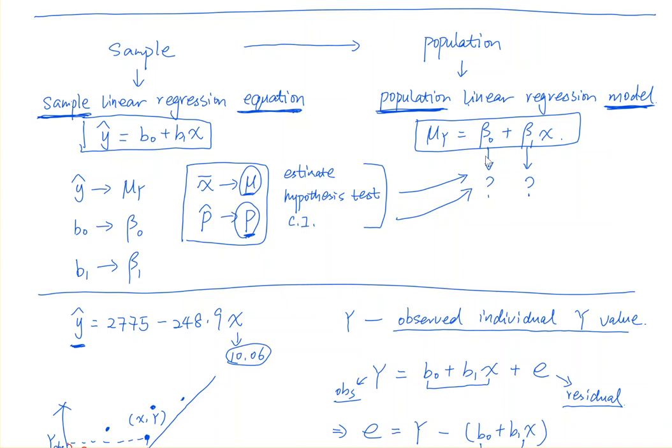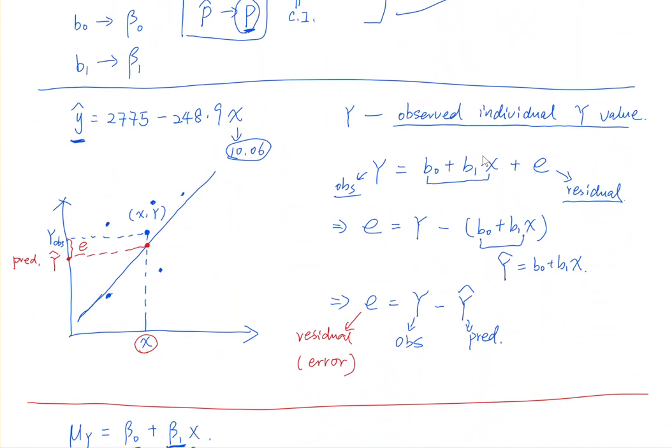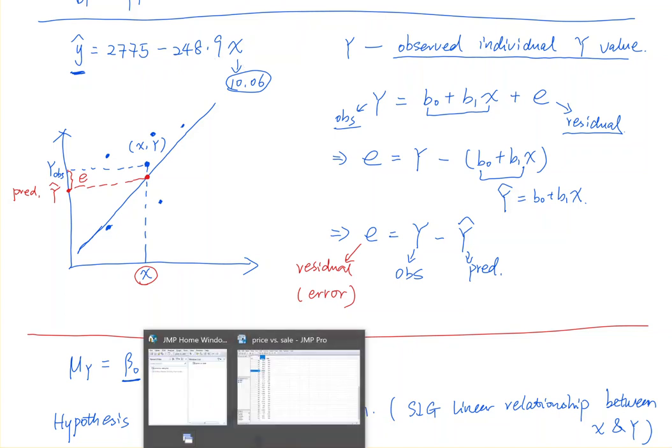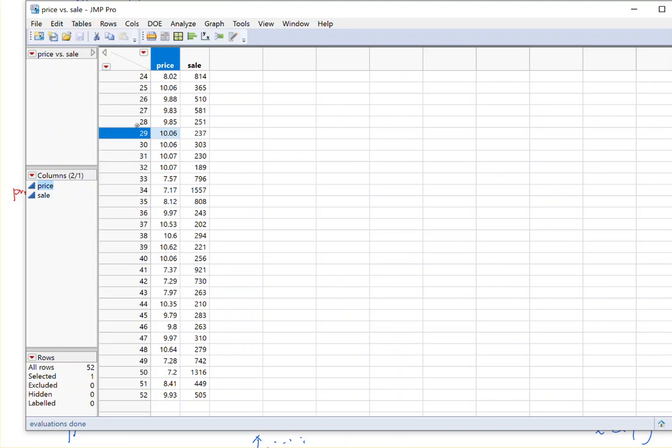Alright, and then let's talk about the second concept. We say from the regression in our example, right, we have y hat equals 2775 minus 248.9x. And if we look at this data, for example, we use this store, right? Then the price is 10.06, which is the value of x.